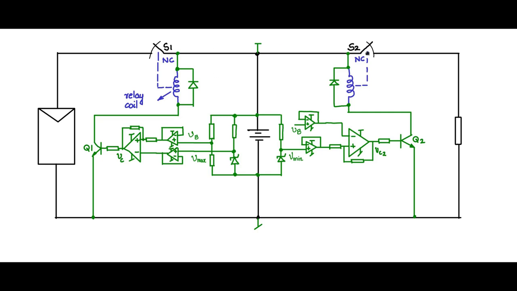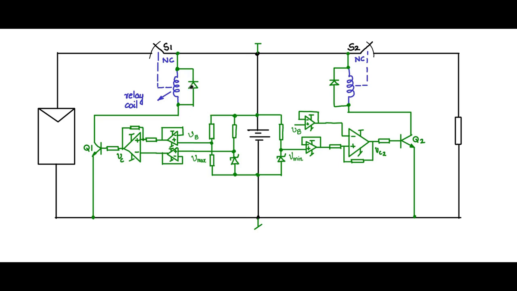Therefore S1 and S2 will be on, and these relay coils are not energized. Q1 and Q2 are off, and there is no current flowing through Q1 and Q2. So the least amount of power is drawn during the condition of MPP, which will be the majority of the time period that this system will be in that zone of operation.